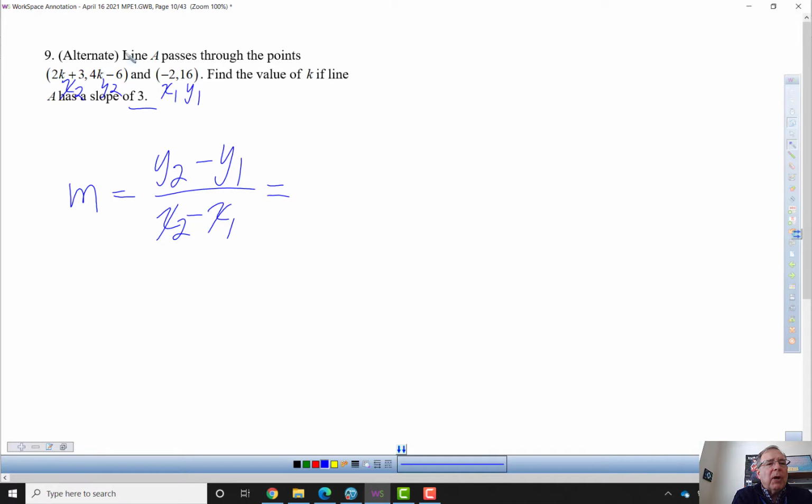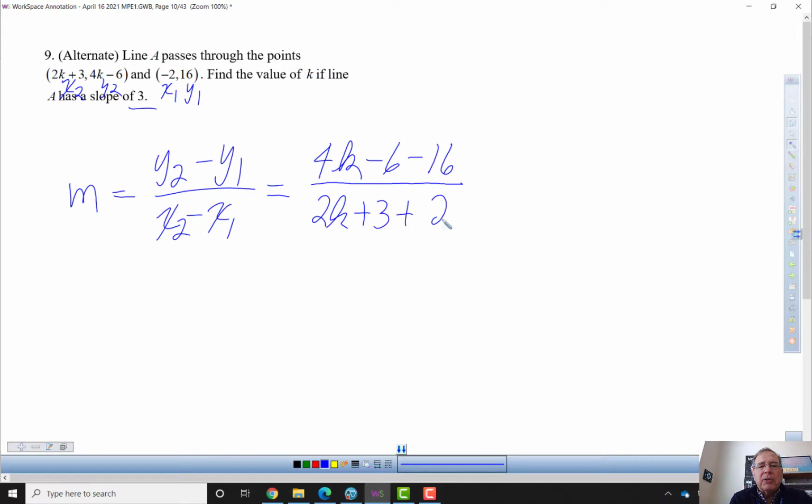So we're going to go to the y2, so 4k minus 6 minus 16 all over 2k plus 3 minus a negative 2, so that makes it plus 2. And that fraction has to equal not 0, but 3.